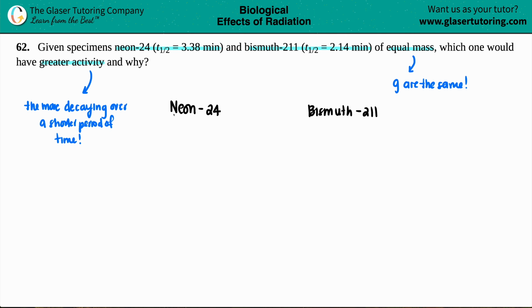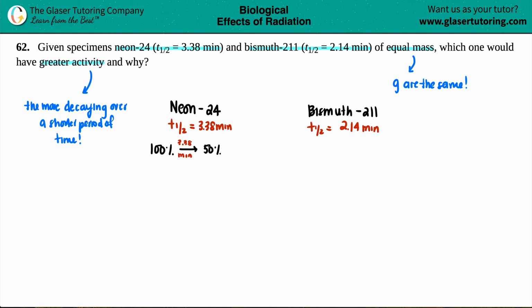Now, they did tell us that the half-life for neon, T-half, was 3.38 minutes, and the T-half for the bismuth is 2.14 minutes. Just to put a half-life into perspective, if I have a 100% sample and I'm breaking this down into 50%, that's half of 100, that's going to take me 3.38 minutes.